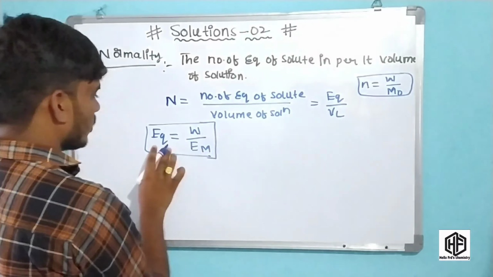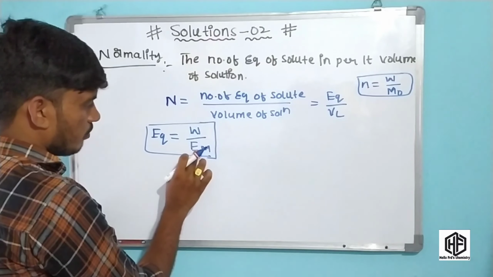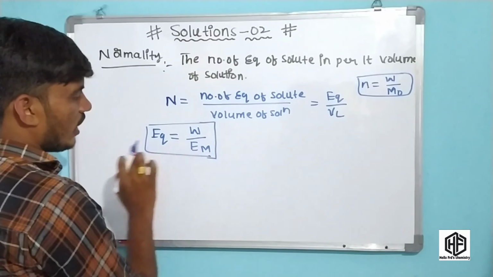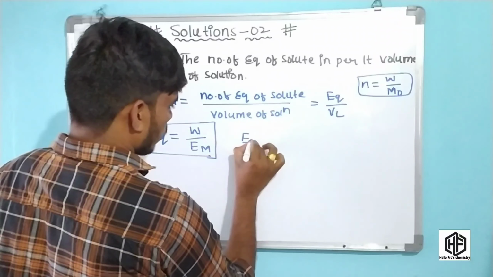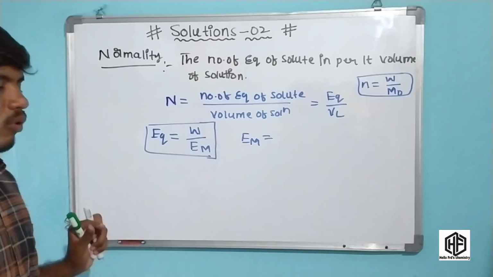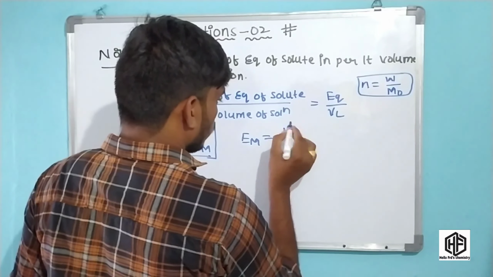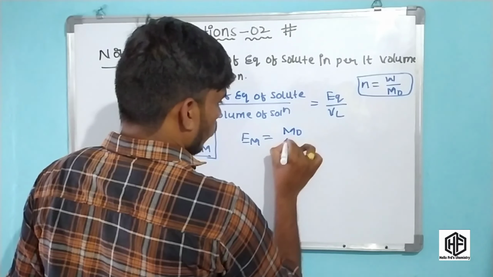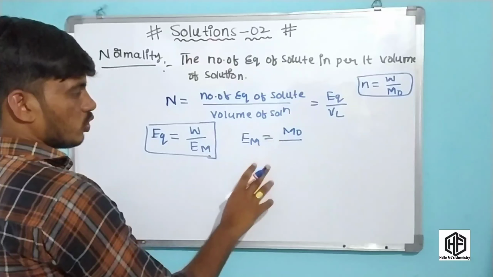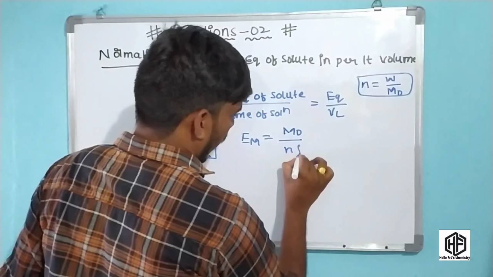Now what is equivalent mass? Equivalent mass EM is equal to the molar mass of solute M naught by n factor.